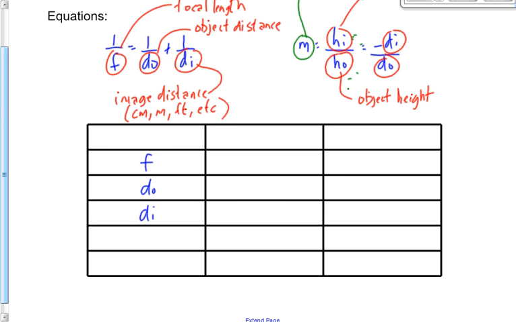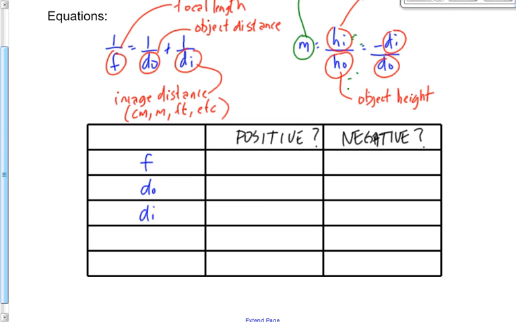And let's identify when those 3 variables are positive and negative. We'll group them together because the pattern you're going to see is the pattern that's formed when we identify those 3 variables, F, DO, and DI.